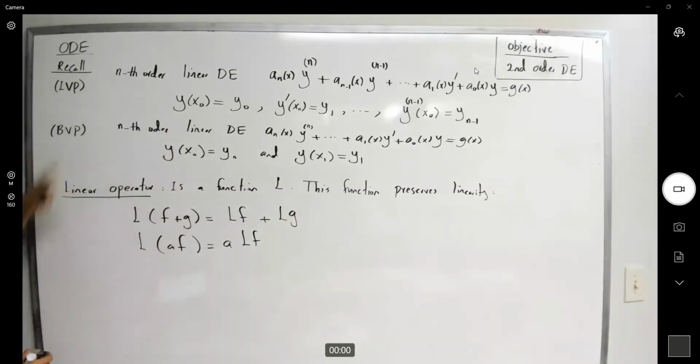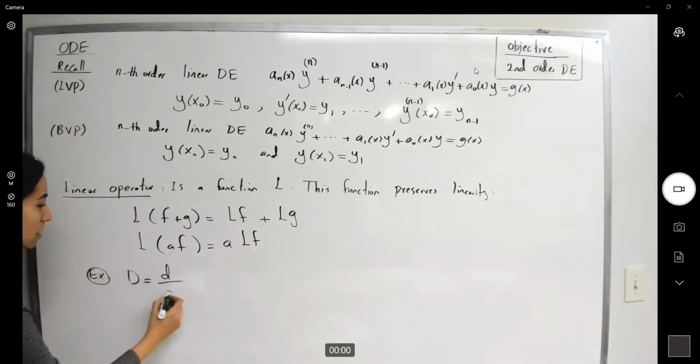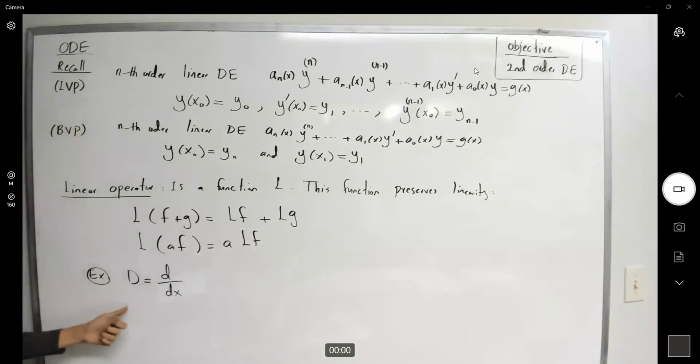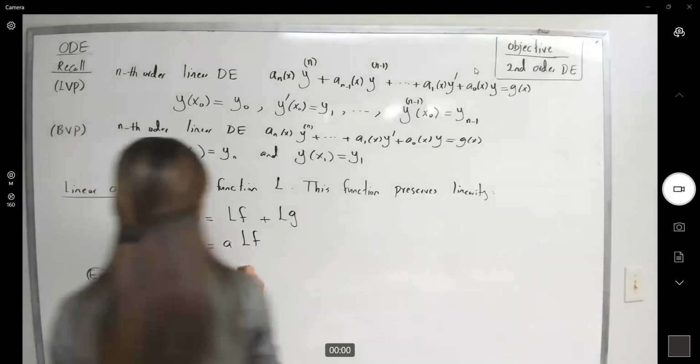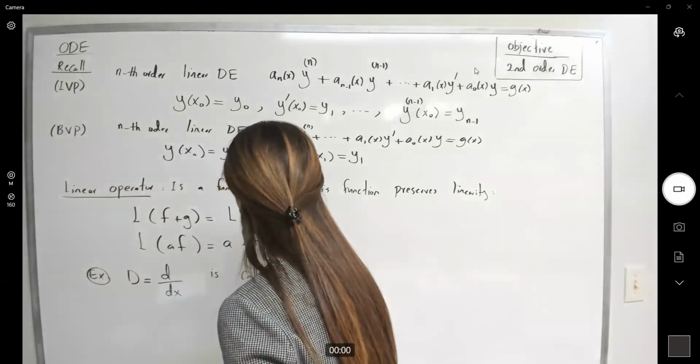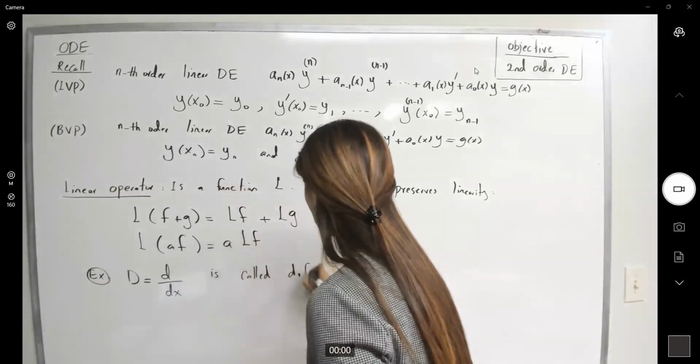Now recall that when it comes to differential equations, we say that D, which we define as d/dx, is an example of a linear operator. It's called the differential operator.